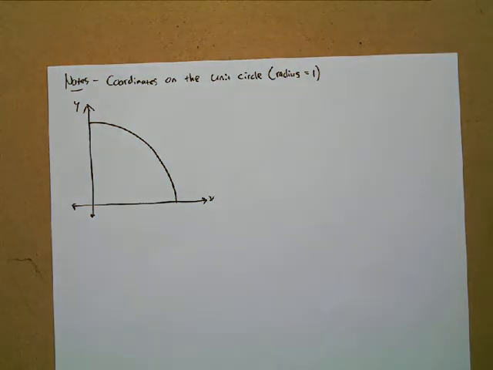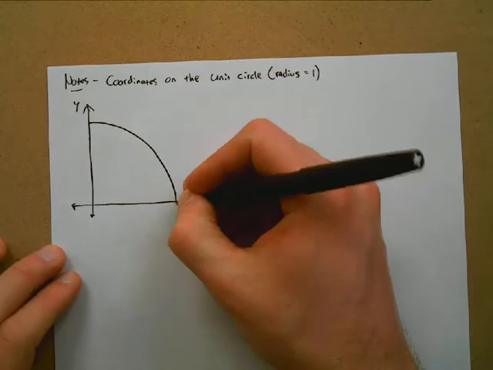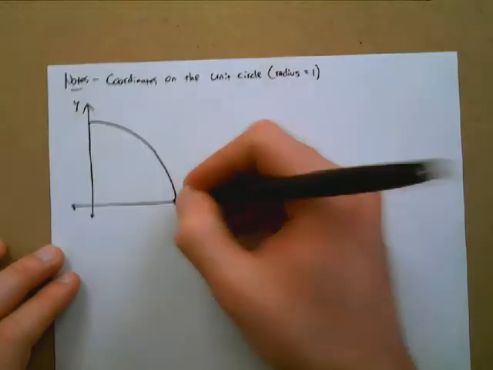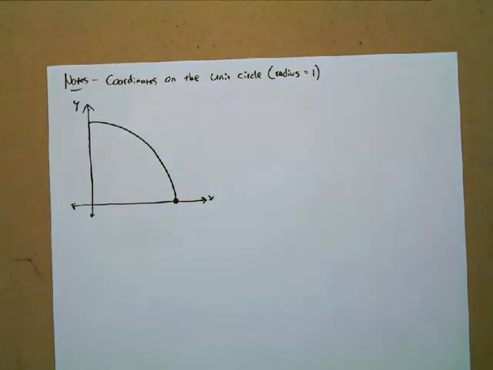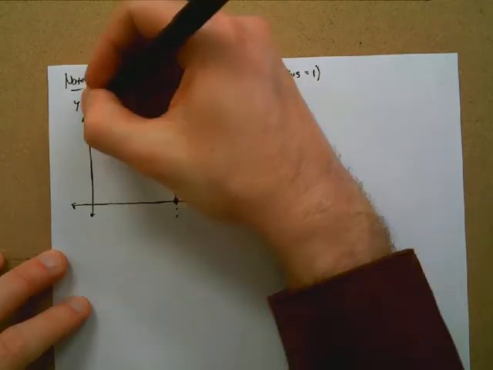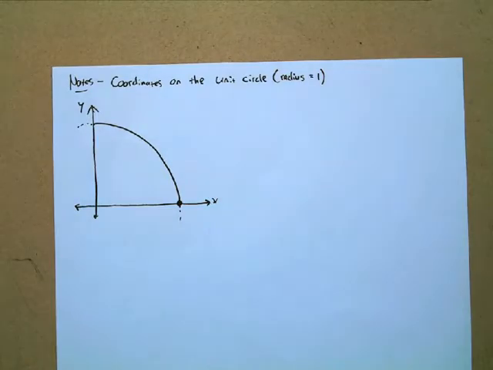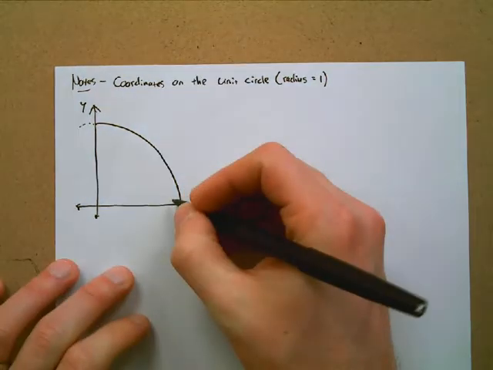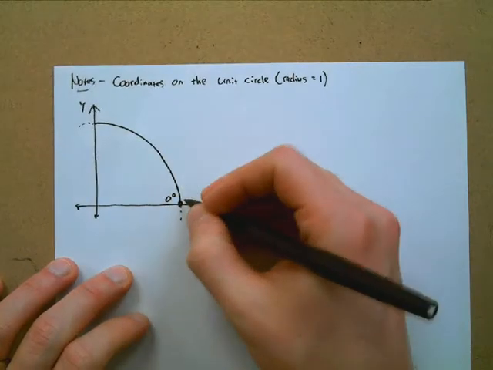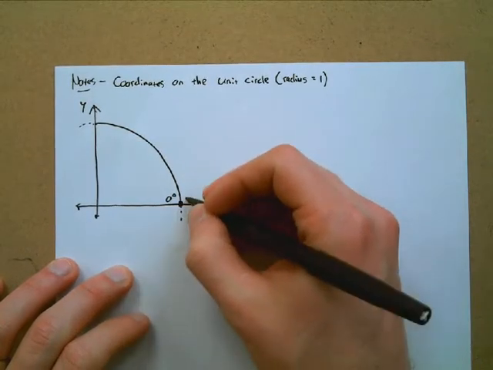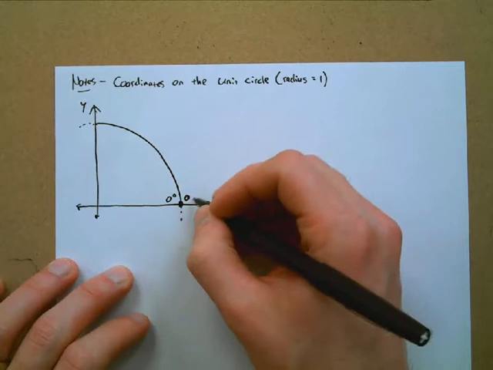Now, some of these coordinates on the unit circle are going to be super easy for us. For example, right here, that point on the unit circle, I know it keeps going, I can put some dotted lines there to show that it keeps going. At 0 degrees or 0 radians, what would the coordinate of that point have to be?